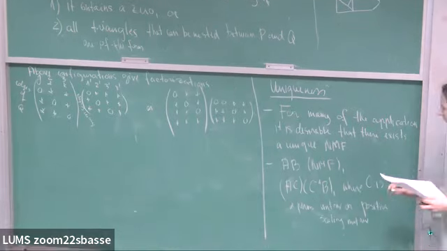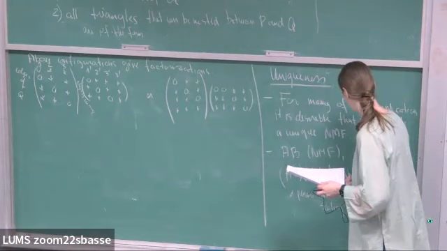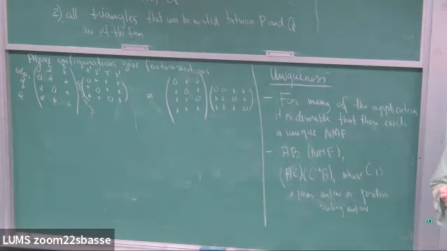So when I say unique, I mean unique up to scaling by a permutation matrix or a positive scaling matrix.